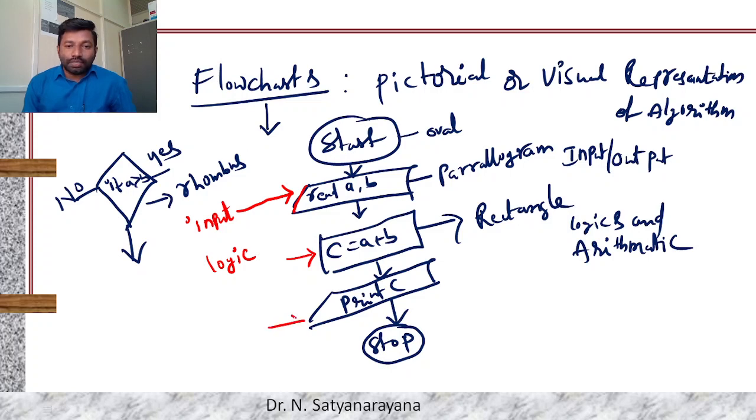And again we are using parallelogram, so you are displaying the output of the program. So this could be the inference that one can get from the visual representation of the algorithm. So arrows represent the flow of information, and one more circle is used as a connector between the different paths or different flows inside the algorithm.